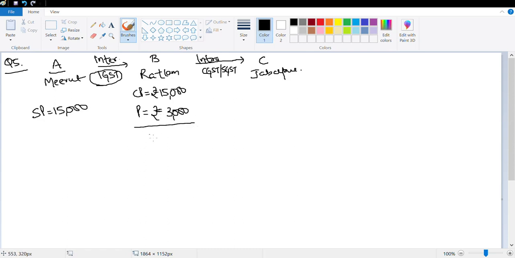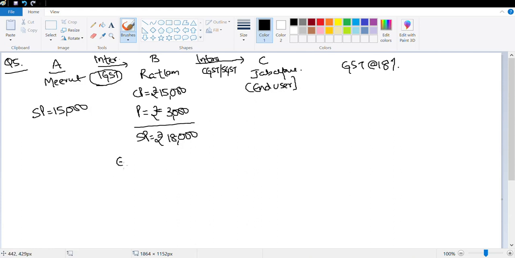So the SP at Ratlam was rupees 18,000. Perfect. If the rate of GST is 18%, find the cost of goods in Jabalpur, assuming that the dealer does not sell, which means he again is the end user. Perfect.